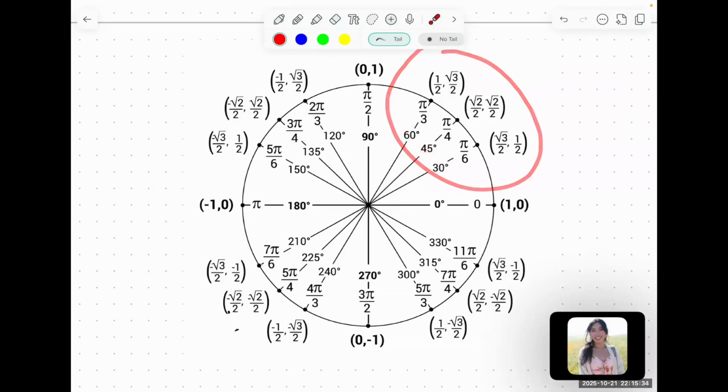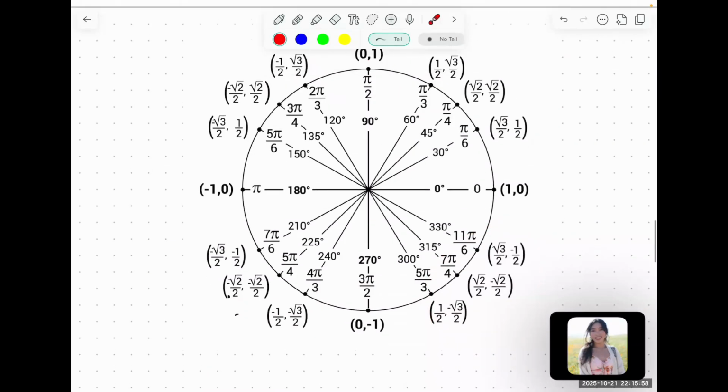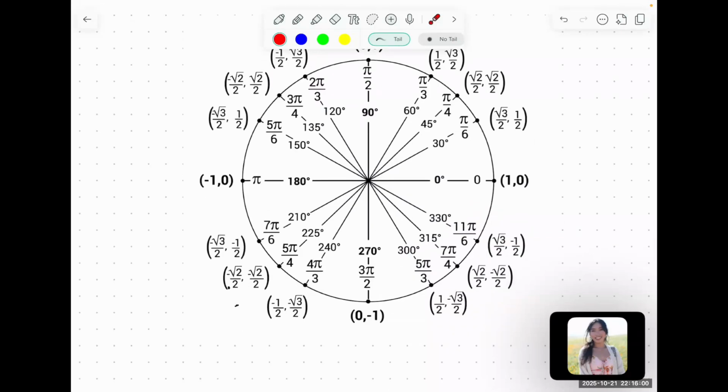The only main difference is that over here, we have a negative in the x, then down here we have negatives in both the x and y, and over here we have negatives in the y. So it looks chaotic at first, but it's actually pretty simple to understand.